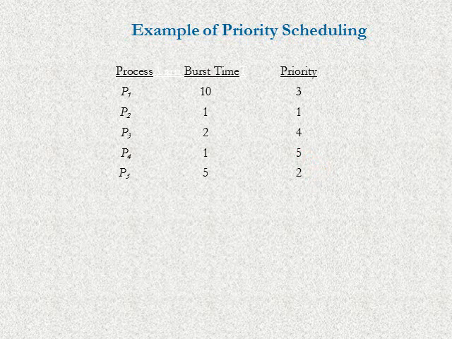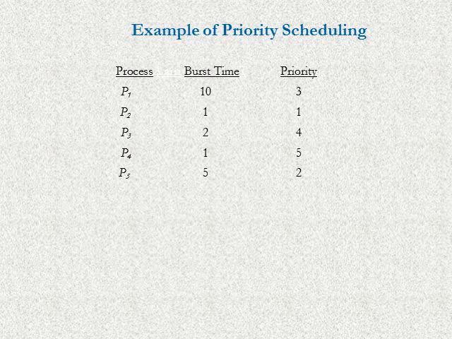You can see that these priorities are associated with the processes, and the scheduler can select a process just based on the priorities. To make things simple, we are assuming that all of these processes arrived at the system at time 0. So to understand this example, you do not need to consider the arrival time, and you just have to consider the priority, and the process having the highest priority, you can just pass on to the processor.